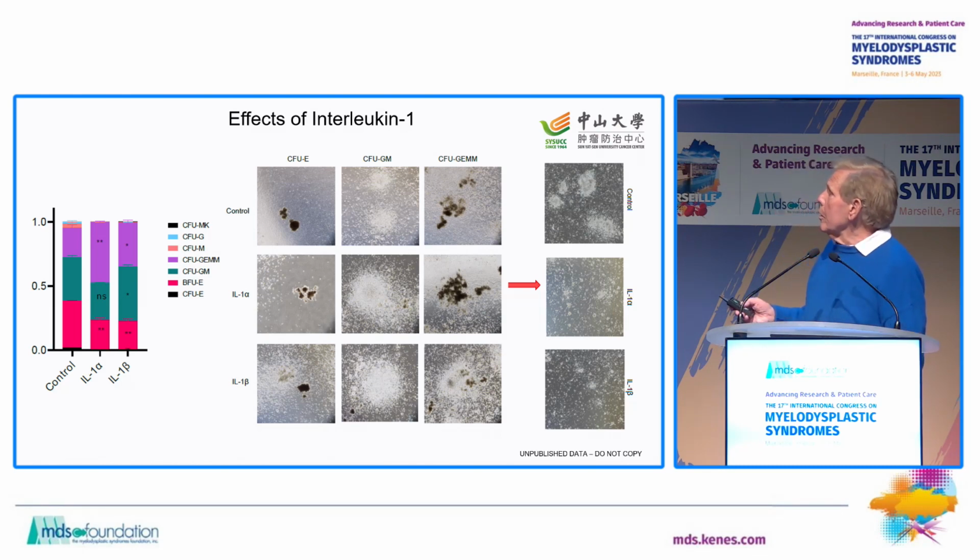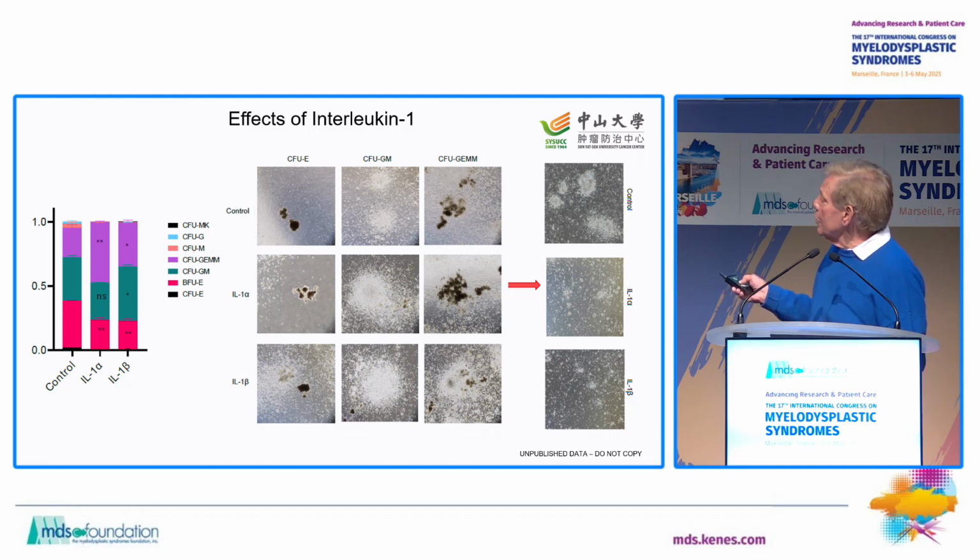Again, I apologize because this is a complex slide, but I just direct your attention to a few things. If you look at CFU-GMs, you can see that when you add IL-1 alpha or IL-1 beta, you markedly increase the number of CFU-GMs. Here's the control. Here's CFU-Es, CFU-GMs.